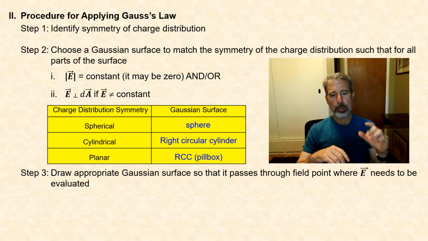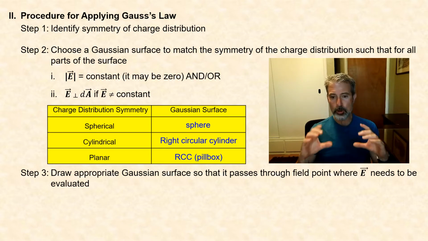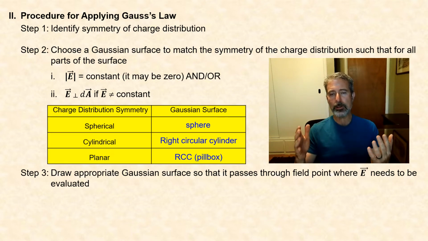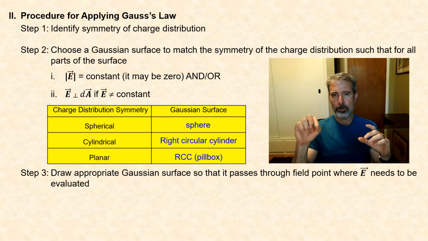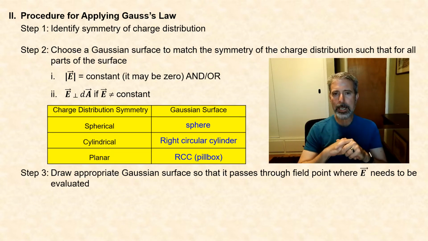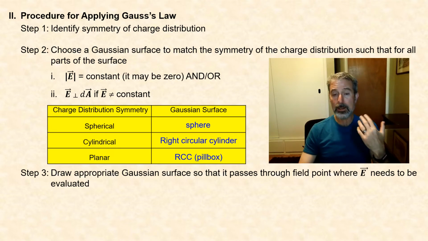So once you've identified the charge distribution and the Gaussian surface, you're going to draw the appropriate Gaussian surface along with the charge distribution, of course, so that the surface passes through the point where the electric field needs to be evaluated. Wherever the problem asks you to find the electric field, call that point P, your Gaussian surface must pass through that point.